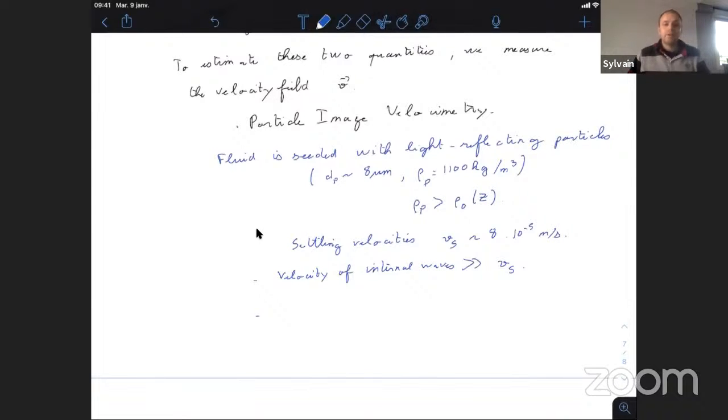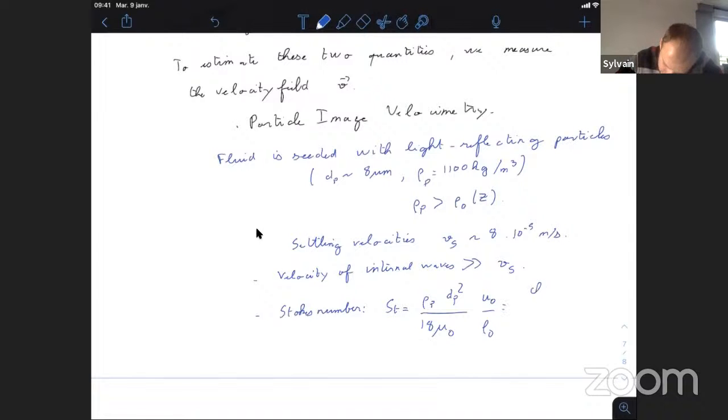And another important thing to check is the Stokes number. The Stokes number is this quantity: rho p d squared, divided by 18 mu, the dynamical viscosity of the fluid, times a characteristic velocity of the fluid, over a characteristic scale of the fluid flow.